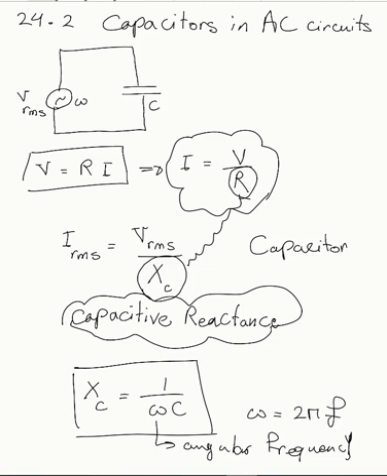And then C is the capacitance of the capacitor. Because X_C is a kind of resistance, the resistance that a capacitor has, it has the same unit as a resistor. So X_C has the unit of ohm.